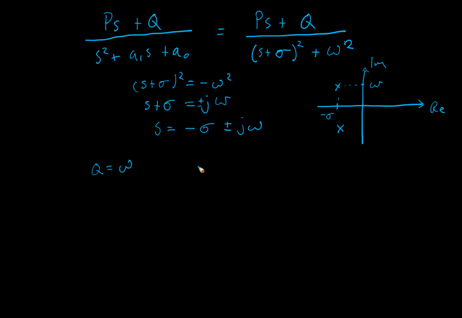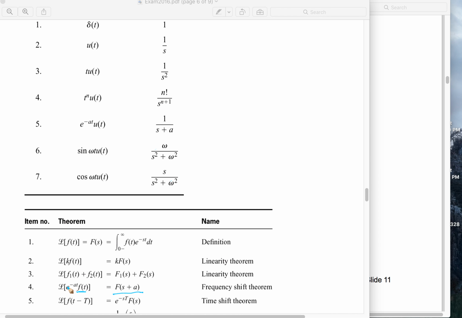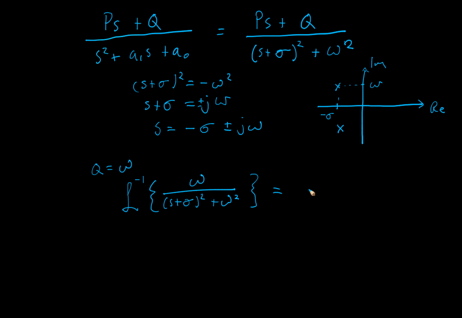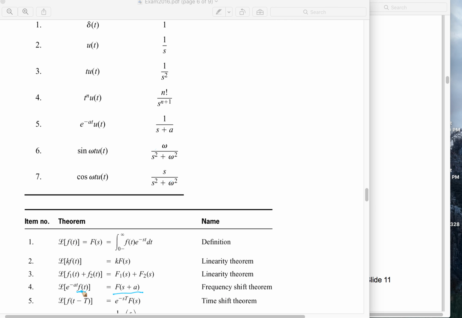So if we look at this, we've got now omega over (s plus sigma) all squared plus omega squared, and the inverse Laplace transform of that, say L inverse of that, is going to be the product of e to the minus at, but our a is sigma, so it's e to the minus sigma t, times whatever the inverse Laplace transform would have been of F of s without this shift in frequency, this F of s plus a.